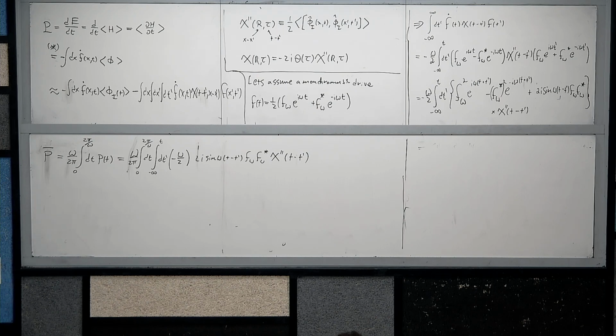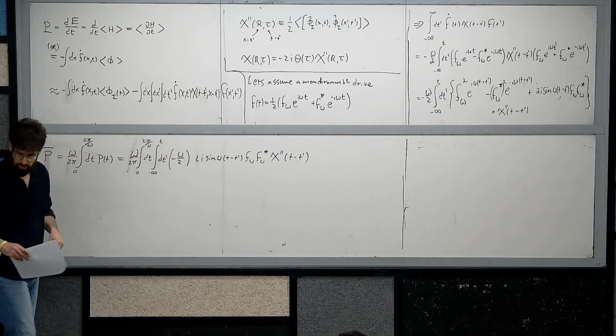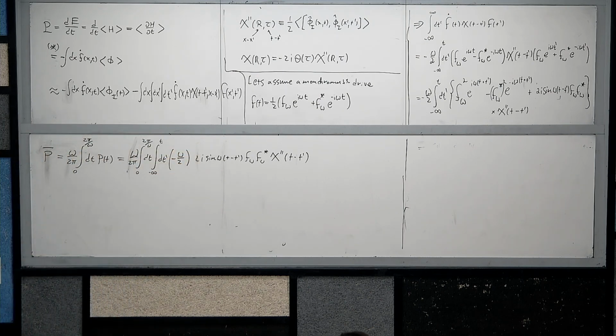I'm certain that you can show that it vanishes, because of the free part of the Hamiltonian.